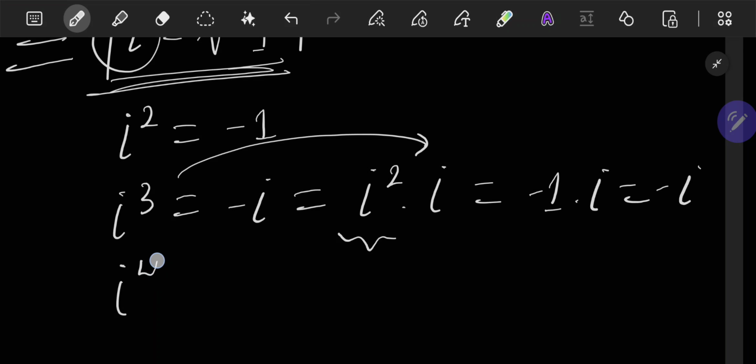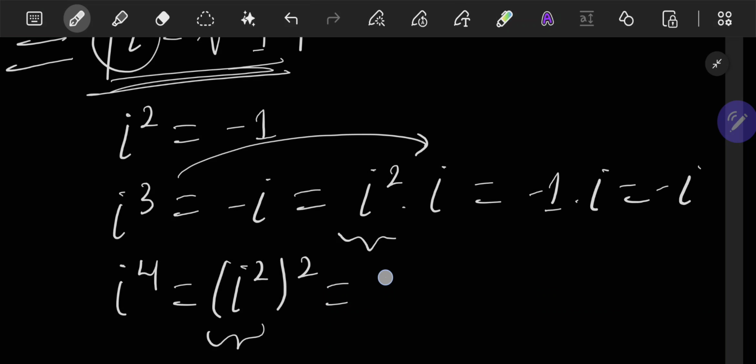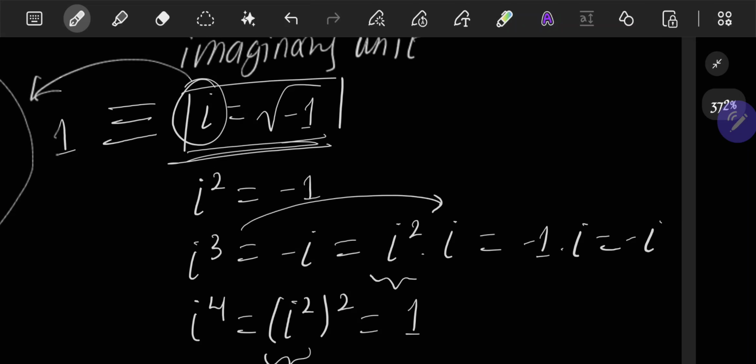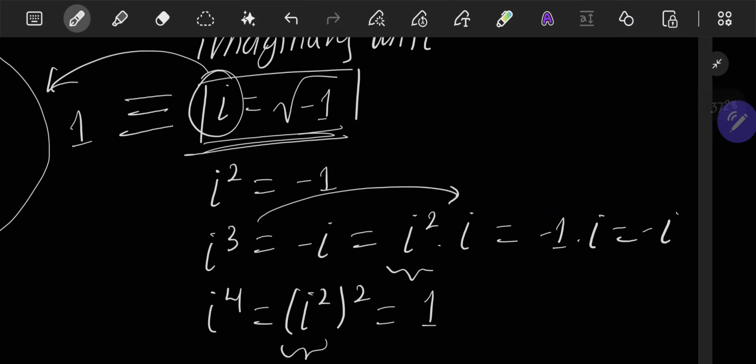And following the same logic, i to the fourth is i squared squared, which is minus 1 squared, so this is actually equal to 1.